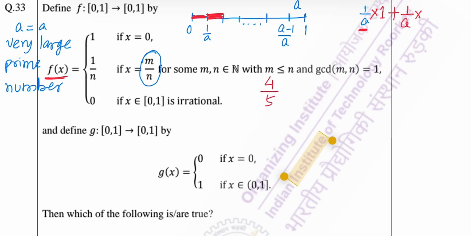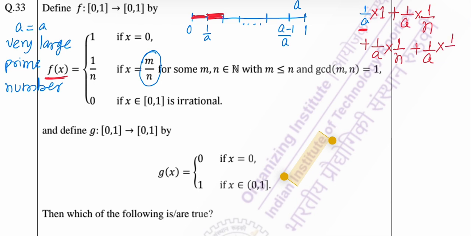Here we do not know the value, so we take a general value, 1 by n, the larger value, because 0 is the smallest. So we take the larger value. Going for the third in the same way, here will be 1 by a into 1 by n, and the last interval 1 by a into 1 by n.